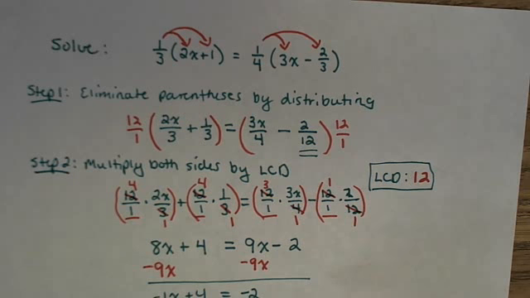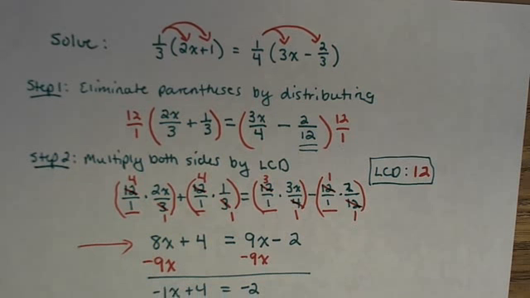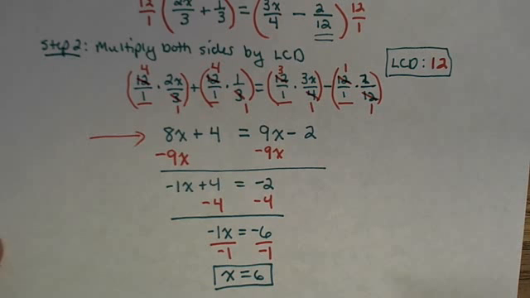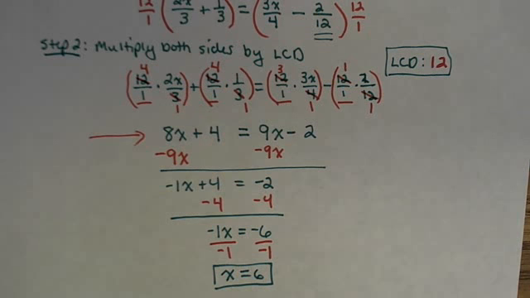In this case, that was 12. Multiply each term by that 12, and you then have a very nice basic equation to solve, which is one that you are used to solving and should be able to solve at this point in time. I hope this helps with dealing with equations with fractions in them.